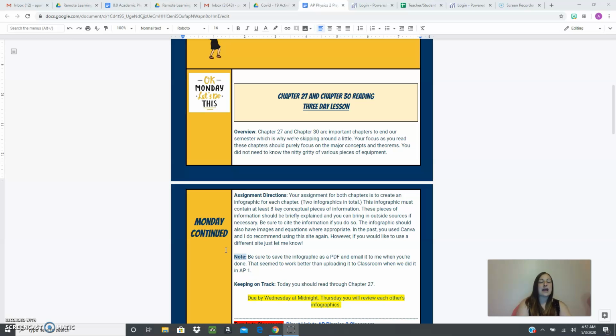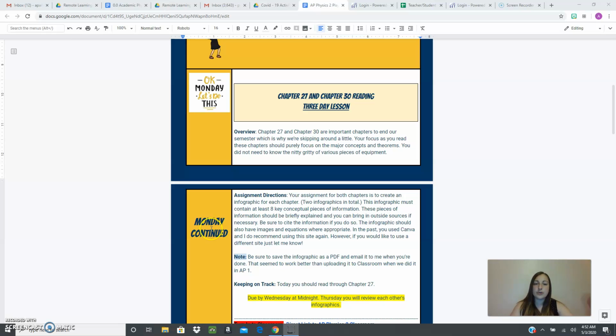When you're reading these chapters, especially chapter 27, which is kind of cumbersome, your focus should not be on any instruments or the hard hitting applications within a lab. What we're concerned with is the content, the theorems, and the math. So don't get yourself bogged down with what is a cathode ray. Read it, but don't spend a lot of time on the various instruments. Really, we don't see them outside of a lab.